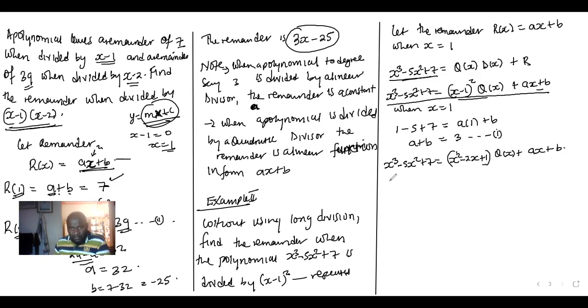When I differentiate on both sides, I'll get 3x squared minus 10x is equal to 2x minus 2 times the quotient, but the quotient now you'll have in this form.